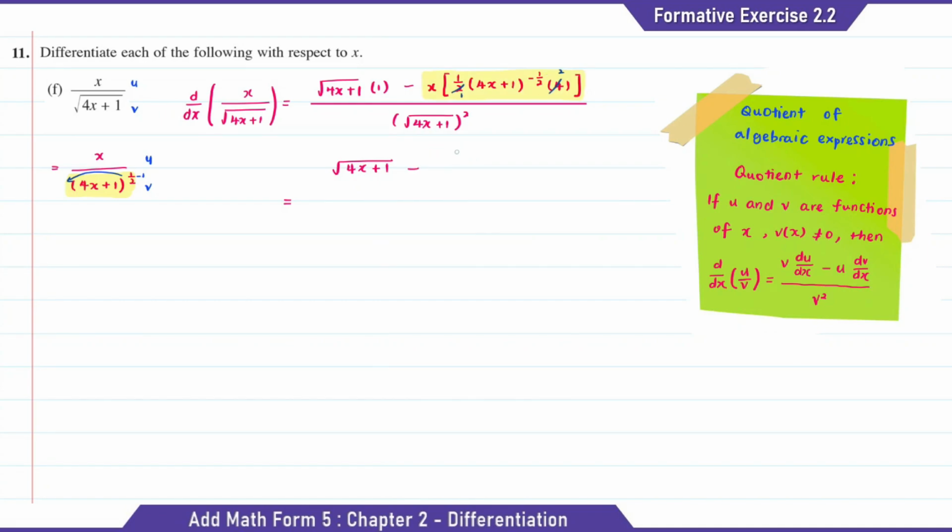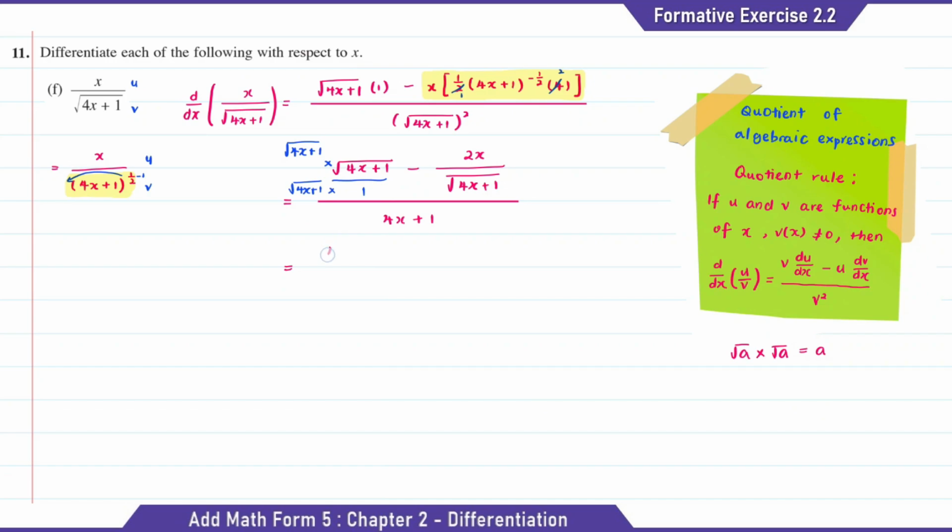Next, we're going to get square root of 4x plus 1 minus this part, which is going to be 2x over 4x plus 1 to the power of 1 over 2, which is the same as square root of 4x plus 1. So for the denominator part here, using the indices law, this will be equal to 4x plus 1. To solve for the numerator part here, we will need to equalize the denominator.